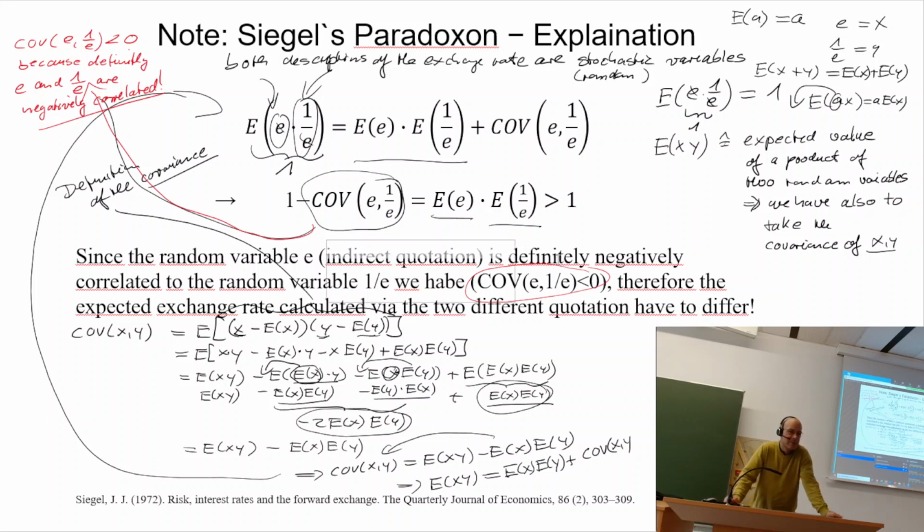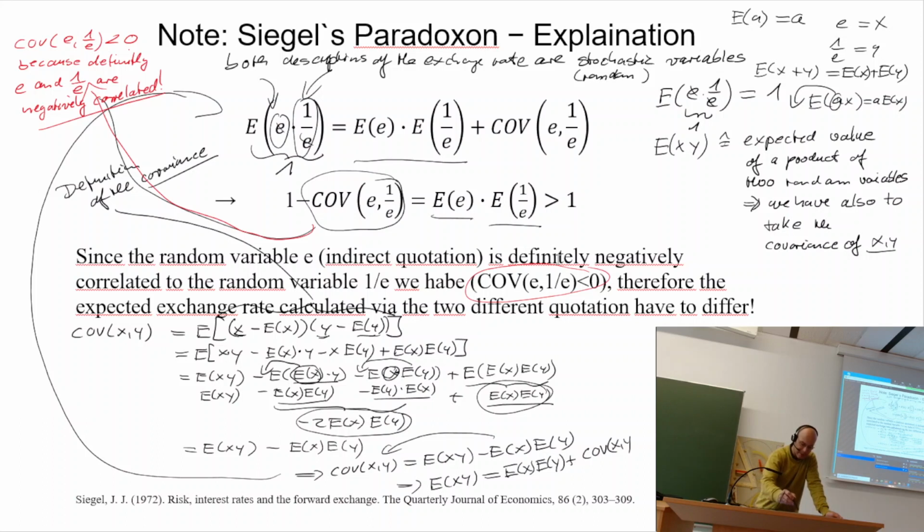And for this, from statistics, it has to be the case that the expected value of the exchange rate differs if we take the indirect quotation or the direct quotation. Well, when we look at our models further on, we are not dealing with expected values.